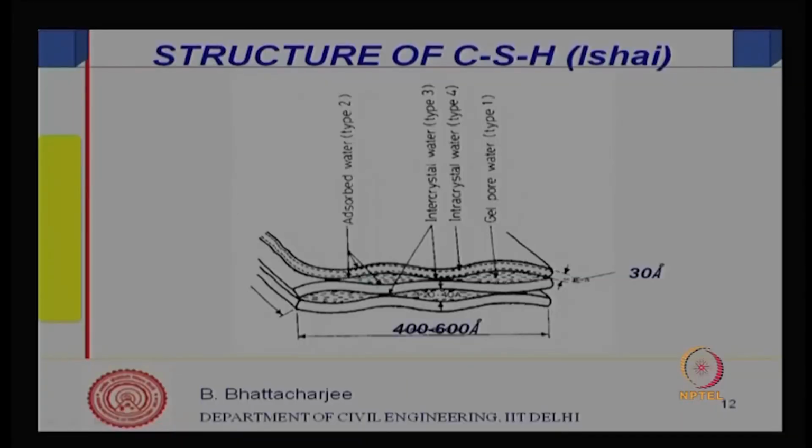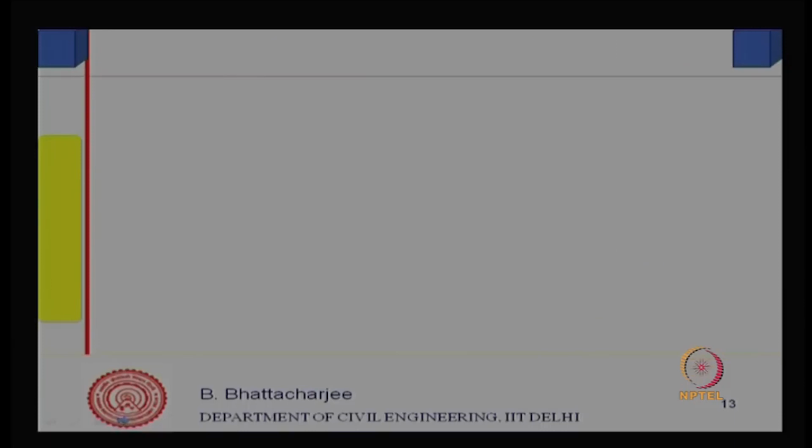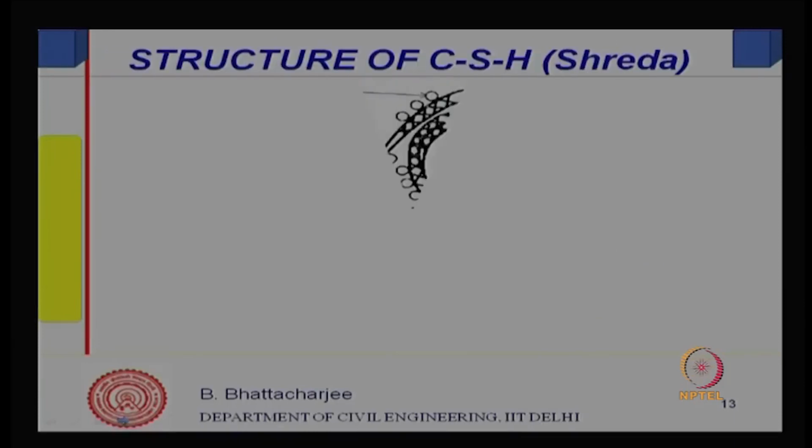Then this water he is calling intercrystal water, which is between the layers of CSH, and still there will be some water in the space between the sheets. It is being called gel water.